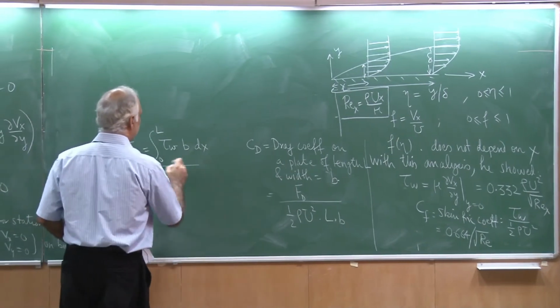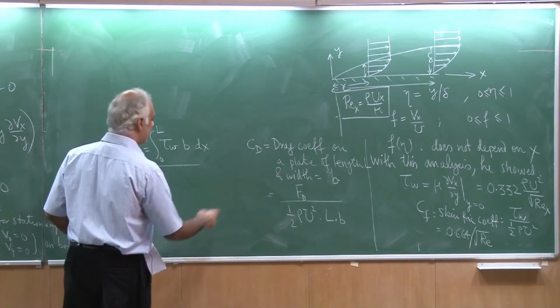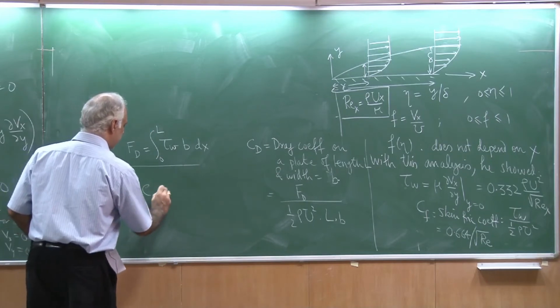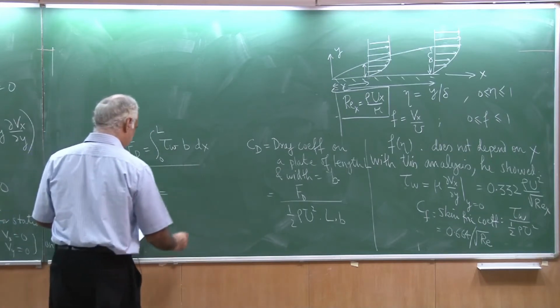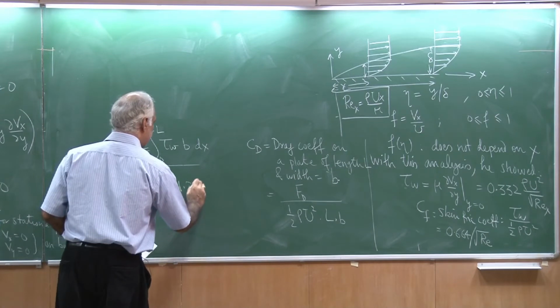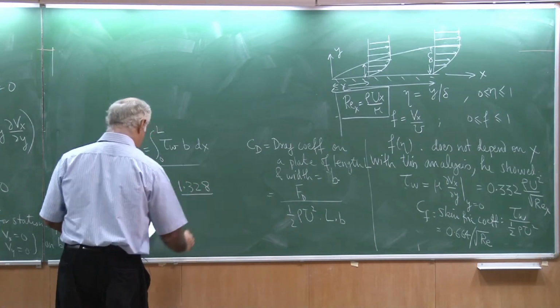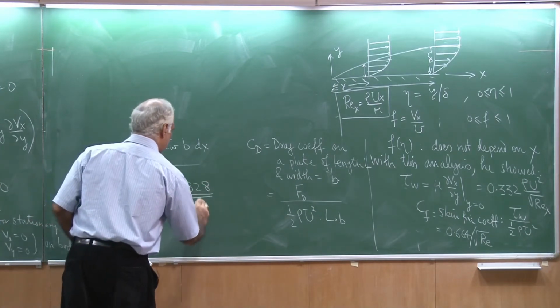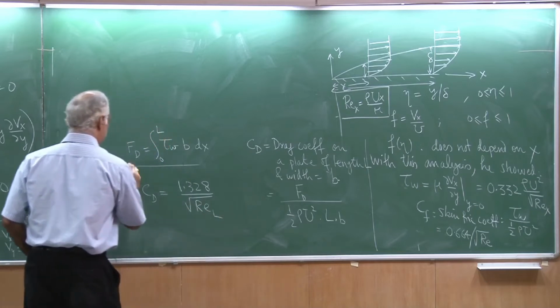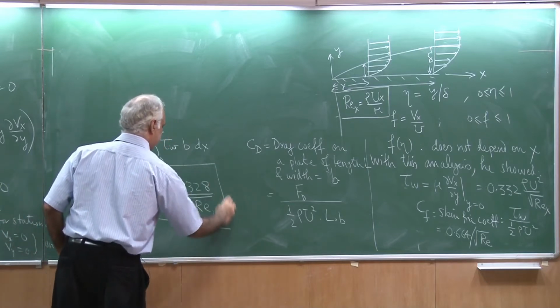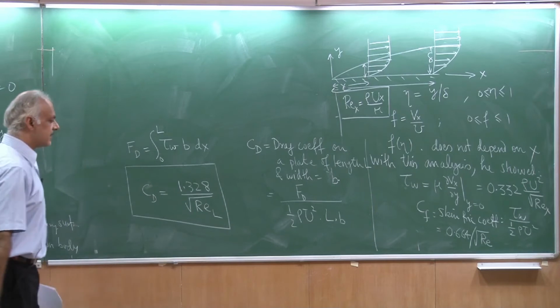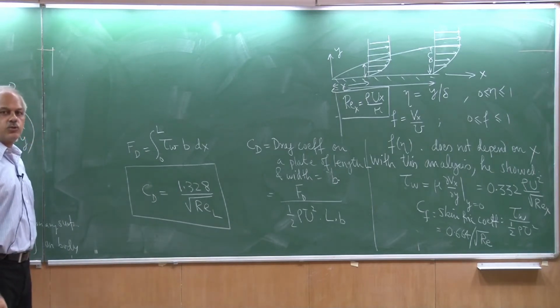So you can put in the expression for tau wall that I have written over there, and what we will find is that CD will be given as 1.328 by square root of ReL. So that's the skin friction resistance to a plate.